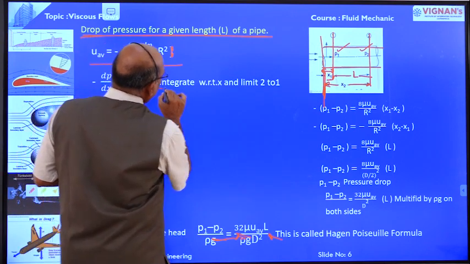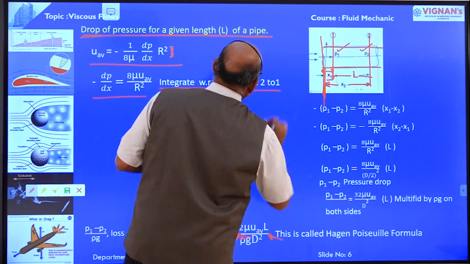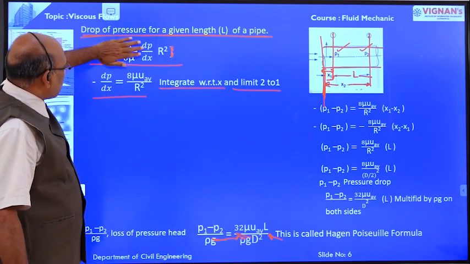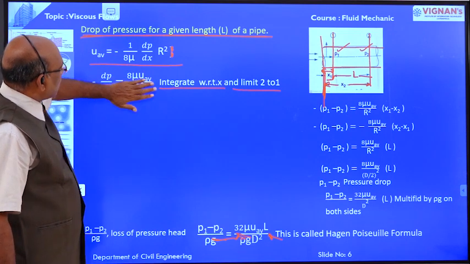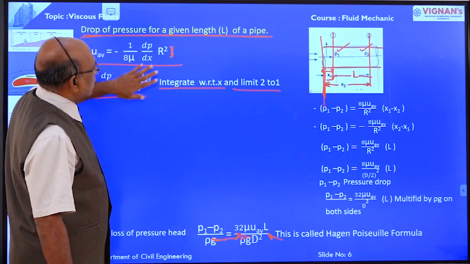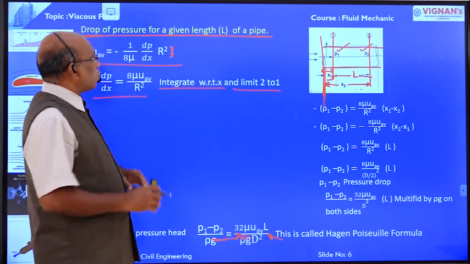Now, integrate with respect to x and take the limits from 2 to 1. Already we have derived the average velocity. From this, the equation for dou p by dou x is this. Integrate with respect to x and take the limit 2 to 1.